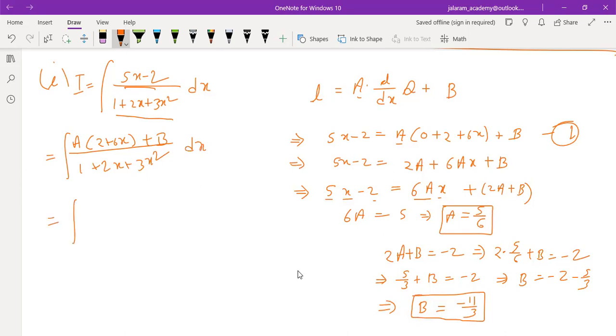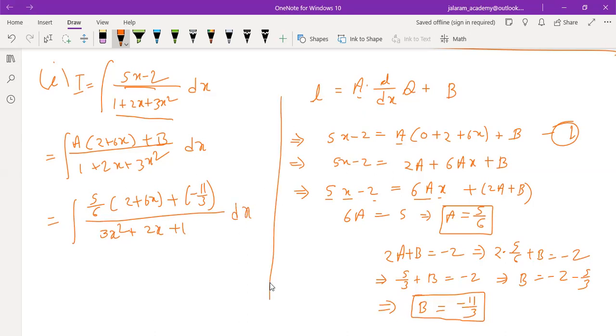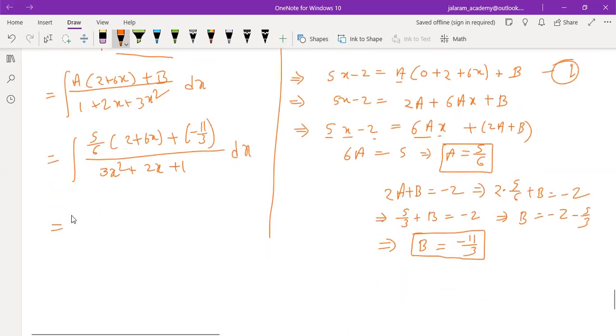Now use the value of a, which is 5 by 6, into 2 plus 6x plus b, which is minus 11 by 3. Over the denominator, you can write in decreasing powers of x also, 3x square plus 2x plus 1 dx. Understood? It is equal to, now we separate them.